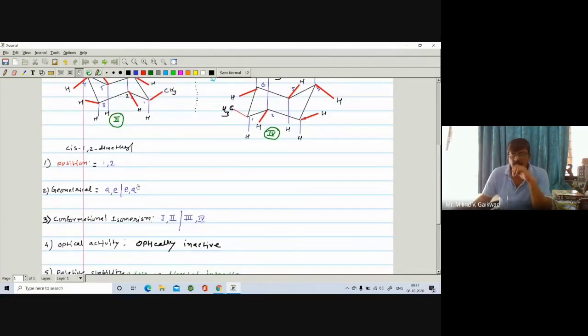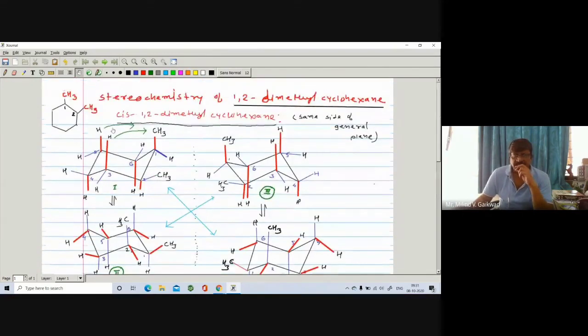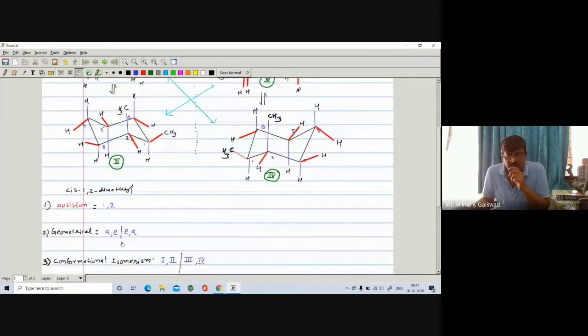Right. So in this way, we have completed the cis-1,2 dimethyl cyclohexane. Cis is possible when the groups are either axial equatorial or equatorial axial. So it is called cis.